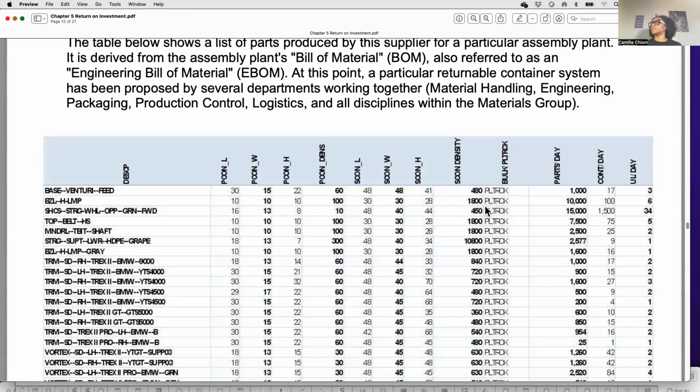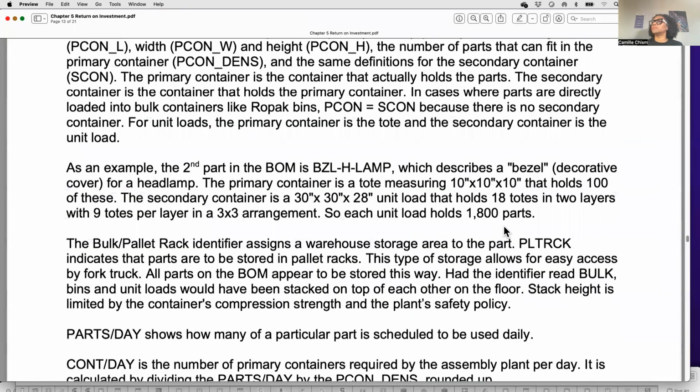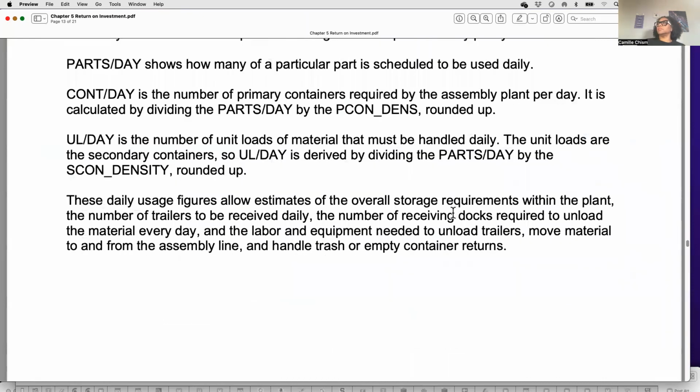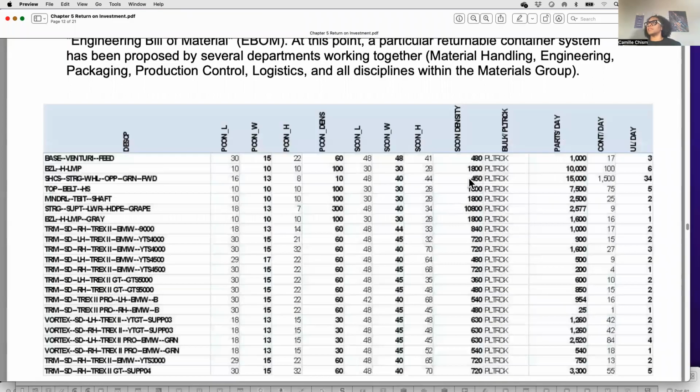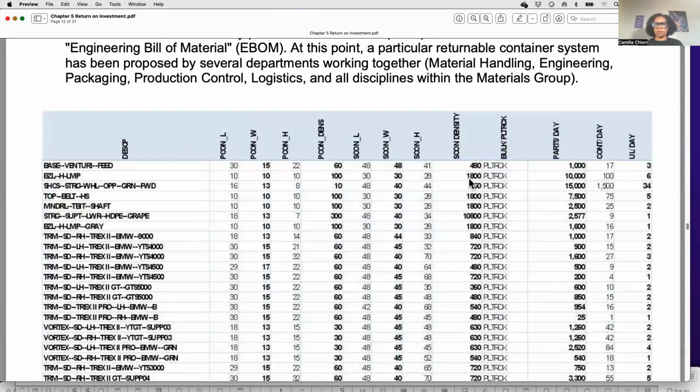They're looking at how many they're doing per day. So that's based on, again, that secondary container, the unit loads. So you're going to take your density and divide that by the parts per day. So let's look at this. Your SCON density, which is your secondary container, 1,800.